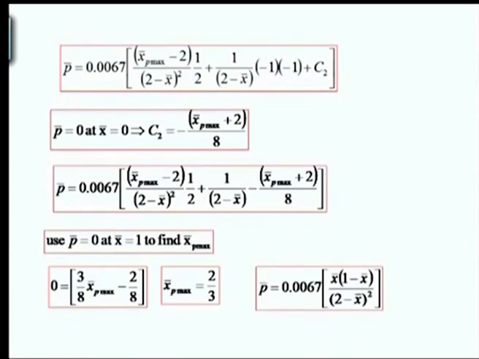Now, we can substitute and get a result something like this, and rearrange, or directly use it to find out the results. If we use 11 values, let us take x bar as 0, x bar as 0.1, x bar as 0.2, 0.3, 0.4, 0.5, up to 11 nodes, the way we have done for the numerical or finite difference analysis, then we can compare the results.